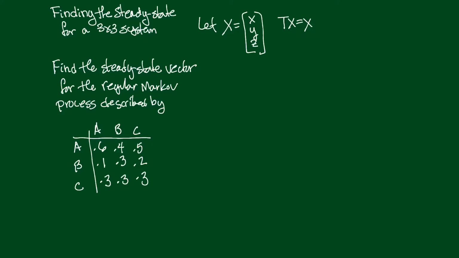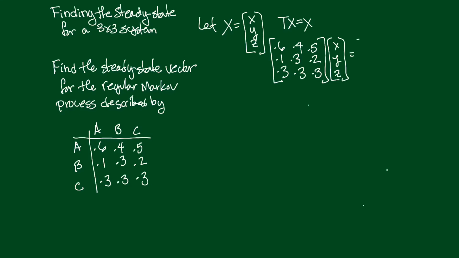Let's set it up and multiply through. I'm going to write down the columns: 0.6, 0.1, 0.3, 0.4, 0.3, 0.3, 0.5, 0.2, 0.3, times that steady state vector x, y, z, and that's going to give us back that steady state vector x, y, z. So let's multiply. We'll get 0.6x plus 0.4y plus 0.5z, right, over and down.